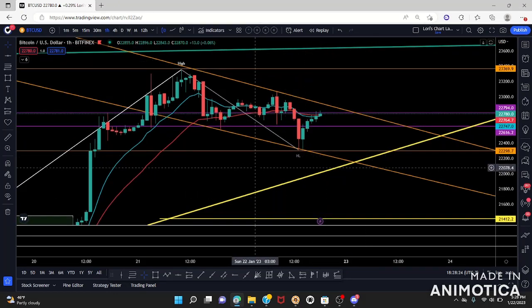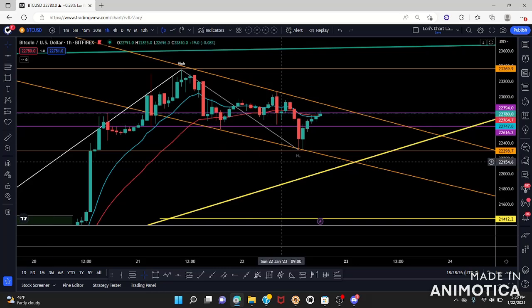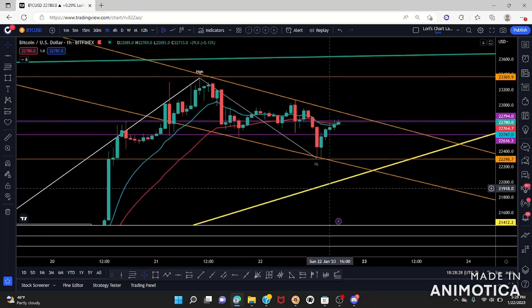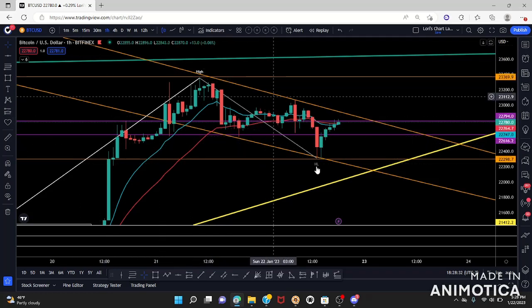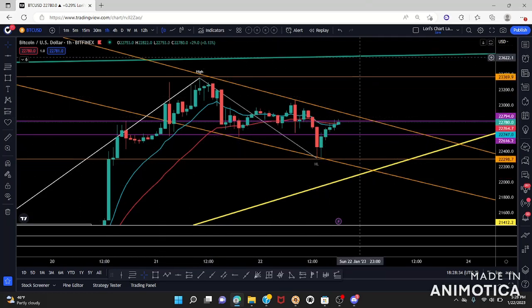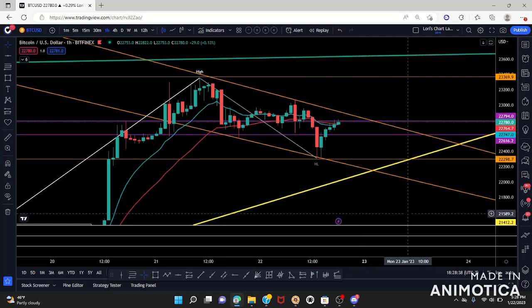But till then, we're just playing within this range. This could be a nice ripsaw. It could hit all the way to the top of this megaphone and then come down.